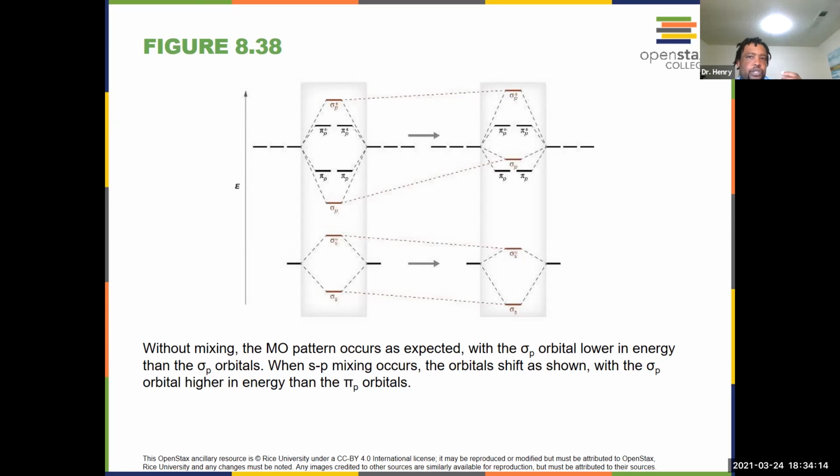It's not going to be able to conduct anything. But if the gap is medium, then we can be a semiconductor, so we have to put energy in to get it to conduct. And in the case of no gap between it, then it's going to conduct readily.